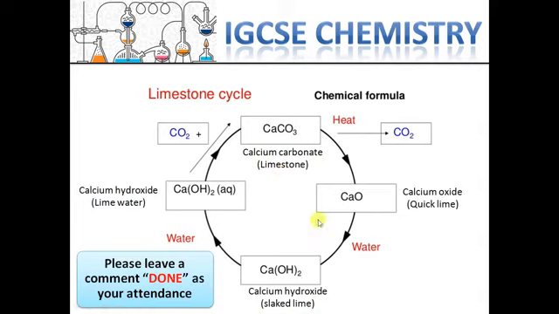This cycle is happening naturally on the earth, depending on the condition: whether it is hot, whether there is enough water from rain or rivers, or whether there is pollution like carbon dioxide from factories or something else.